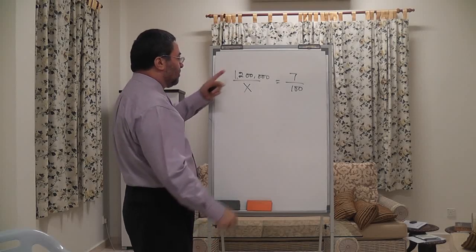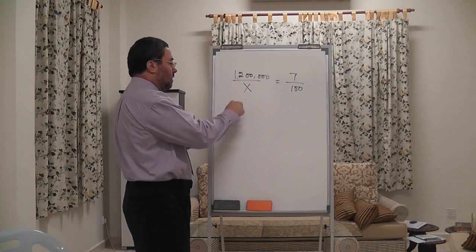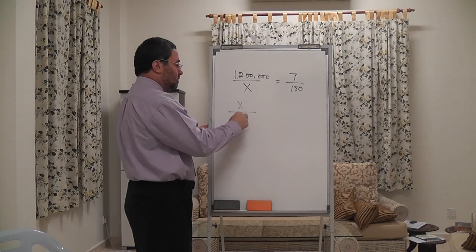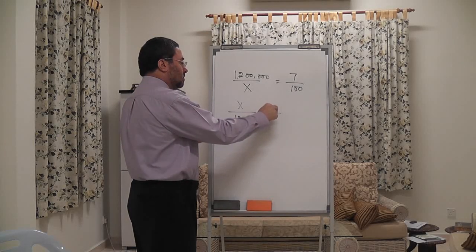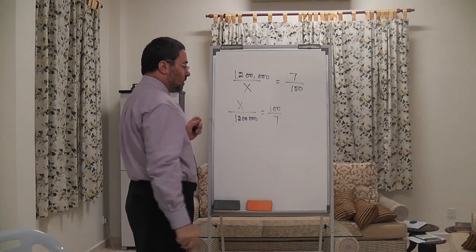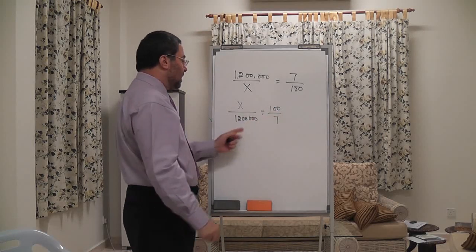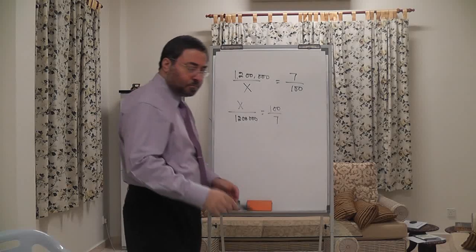So now we flip, and we multiply both sides by 1.2 million.